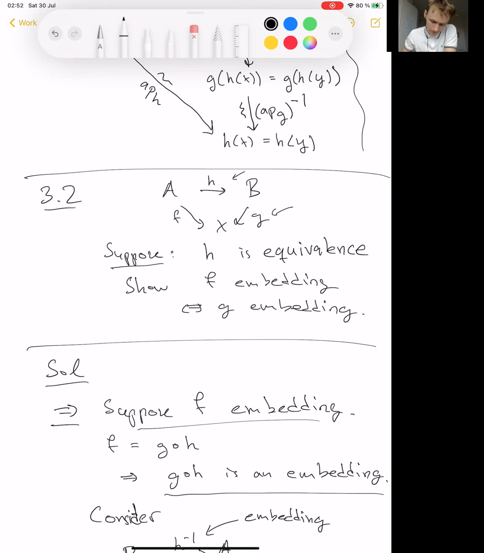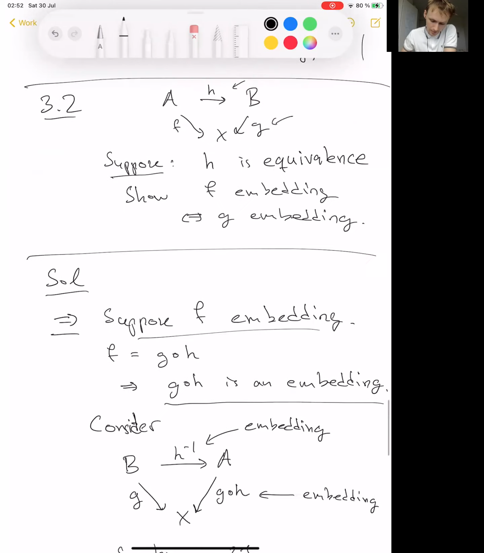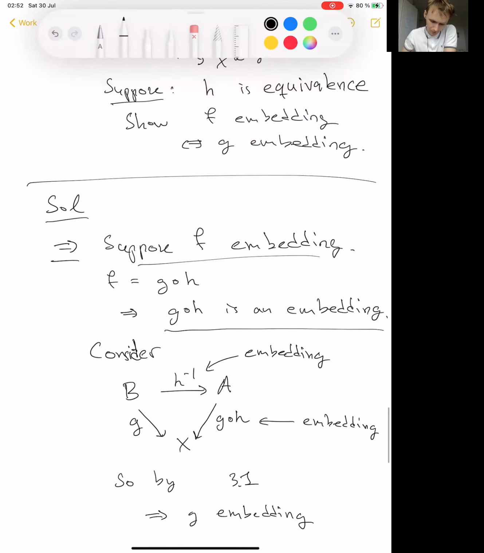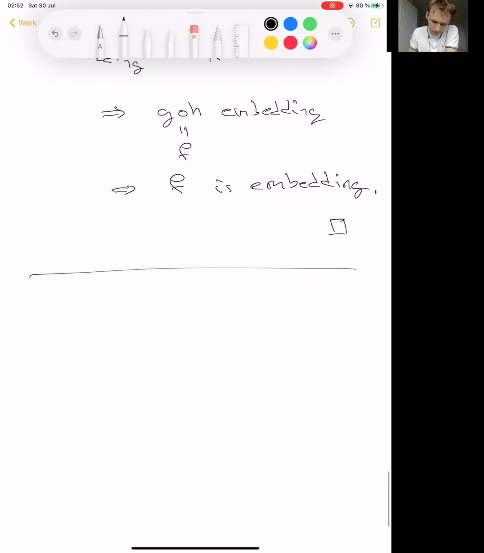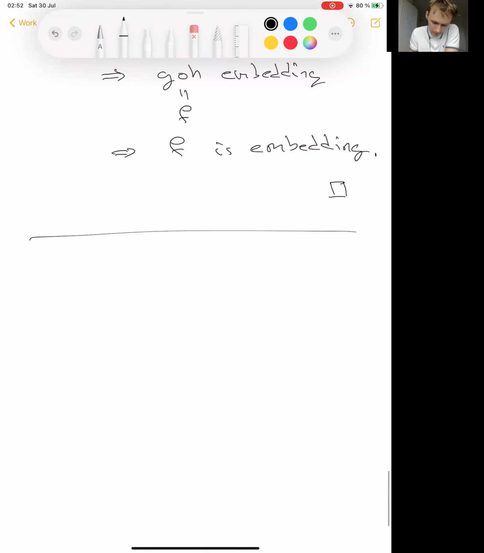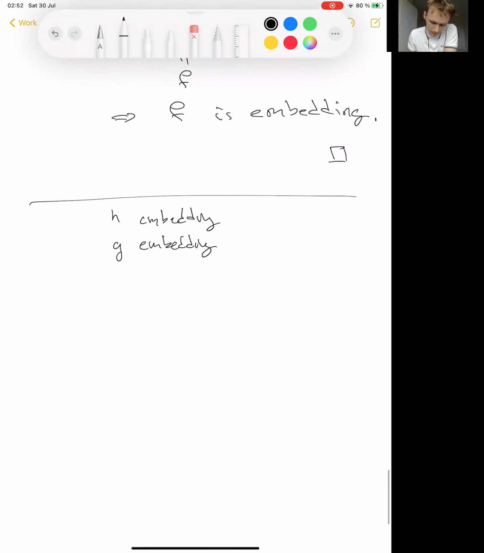So let's suppose that H and G are both embeddings. I want to prove that F is an embedding. So let's suppose H is an embedding and G is an embedding, and we want F to be an embedding.